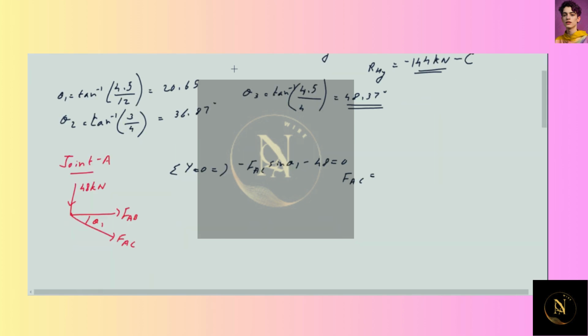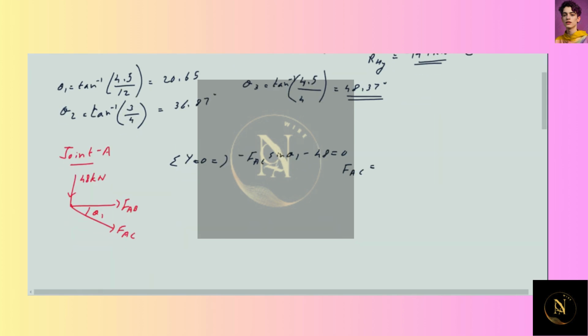So we know the angle of theta 1, that is 20.65. So that gives us 136.109 kilonewton. And the FAC is actually going outward.